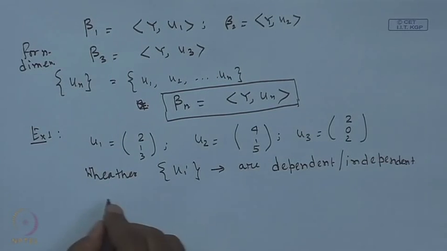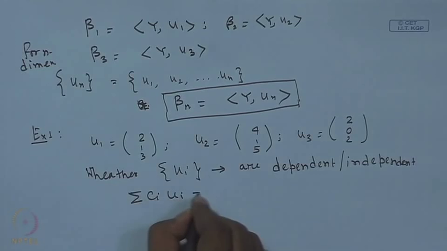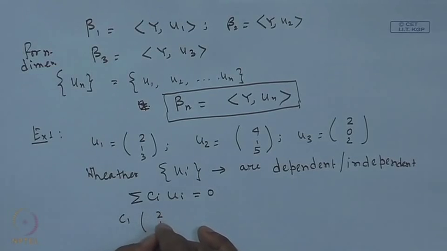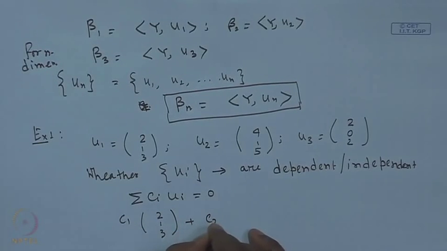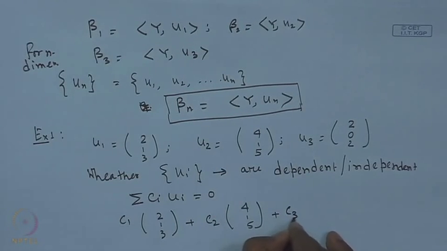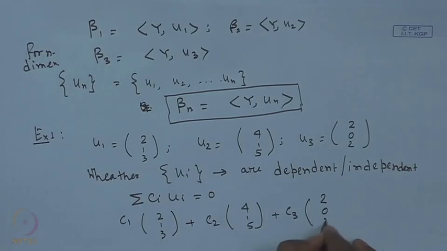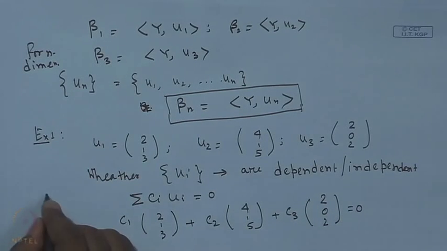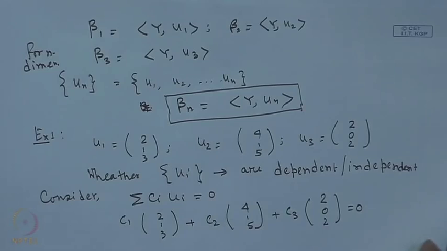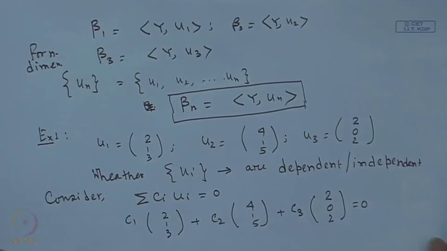For that, consider the equation summation of Ci ui equal to 0. That means C1 (2, 1, 3) plus C2 (4, 1, 5) plus C3 (2, 0, 2) is equal to 0, where the coefficients C1, C2, C3 are all scalar multipliers.